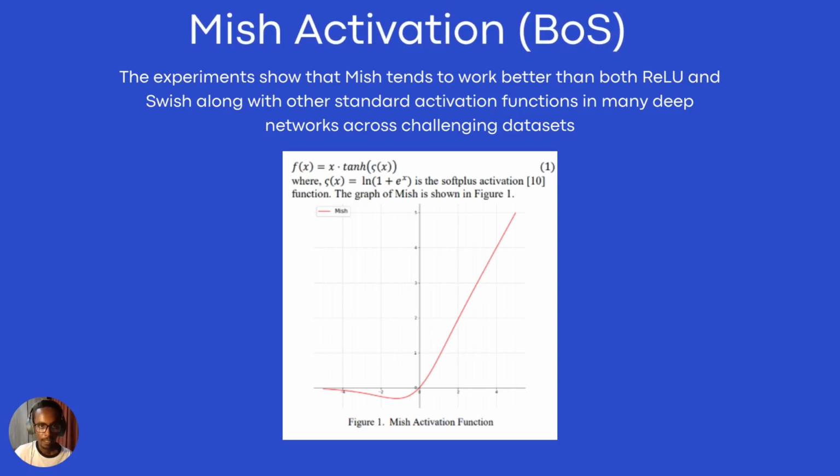And the next is the activation function used in YOLOv4, and activation functions are included in the Bag of Specials. The Mish activation function was selected for YOLOv4, and experiments show that Mish tends to work better than both ReLU and Swish, along with other standard activation functions in many deep networks across challenging datasets.